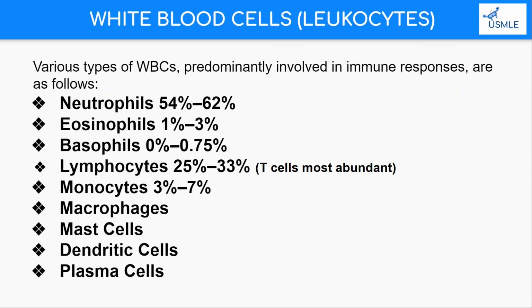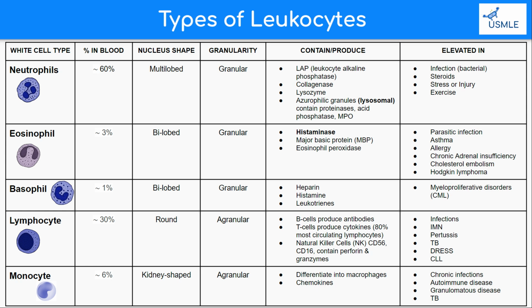This is useful information as well and may show up while testing anatomy, pharmacology, or physiology. Looking into the white blood cells, they are predominantly involved in immune responses. We will now be looking into the table that highlights the important information about white blood cells. You can divide them based on granularity as seen in the 4th column. Granulocytes, most abundant to least abundant, include neutrophils, eosinophils, and basophils.